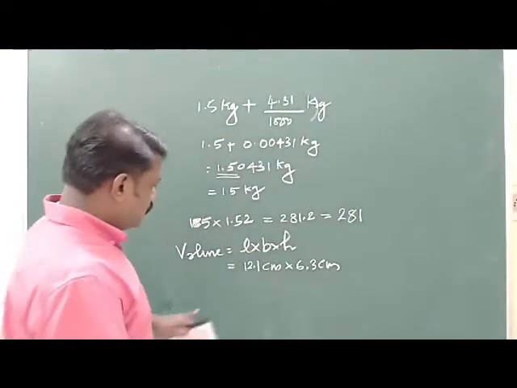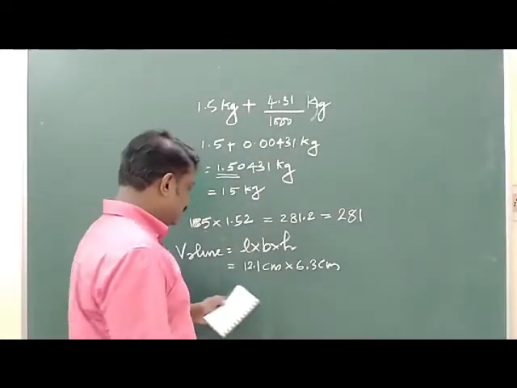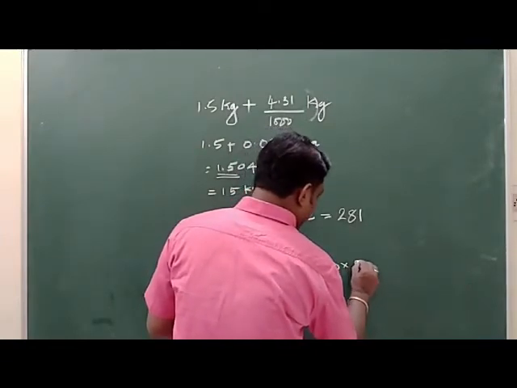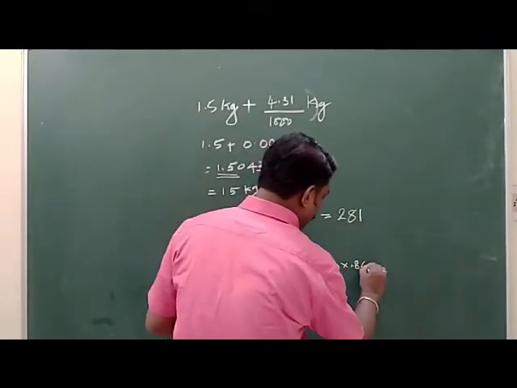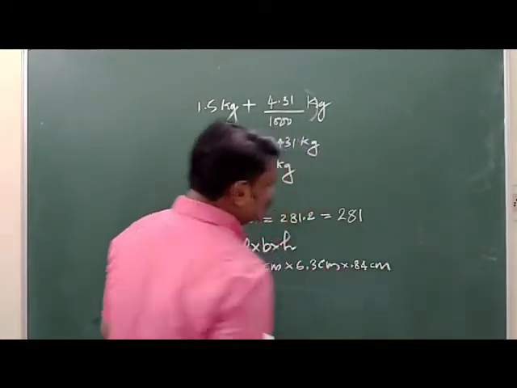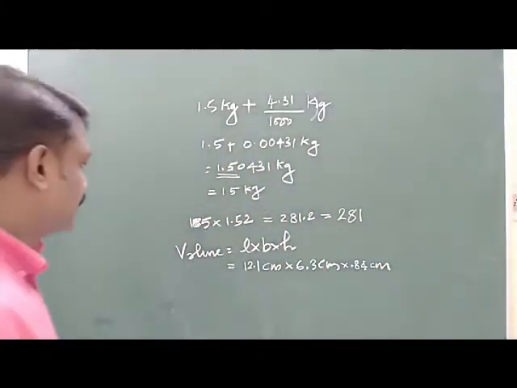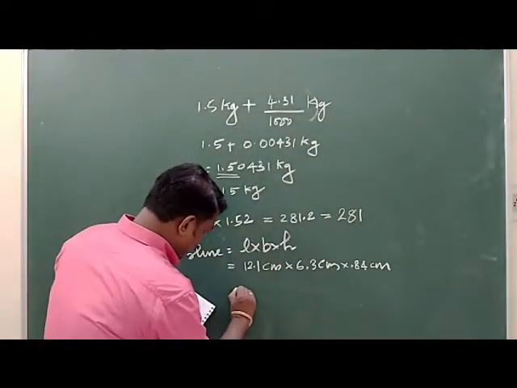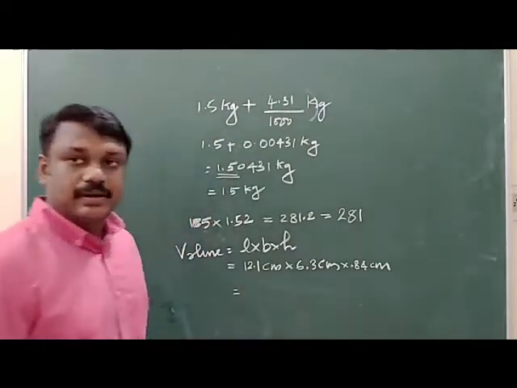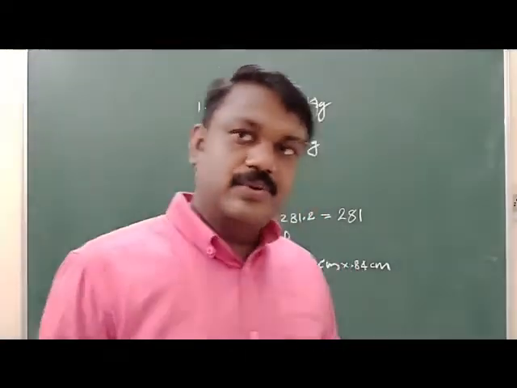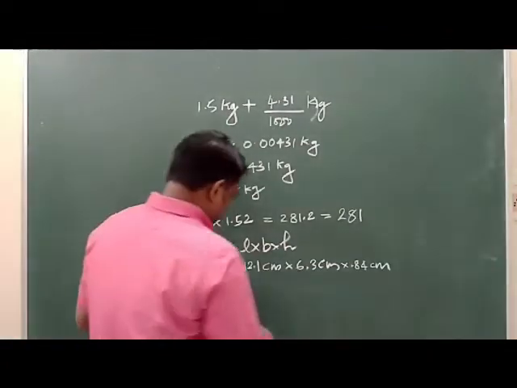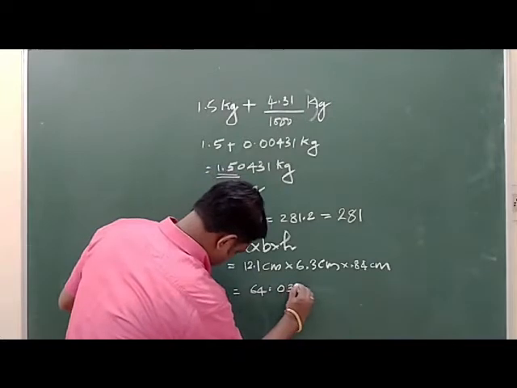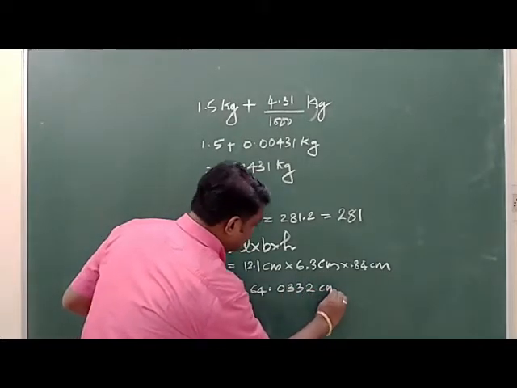So 8.4 millimeter can be written as 0.84 centimeter. Now you can multiply all these. When you multiply all these, you get 64.0332 centimeter cube.